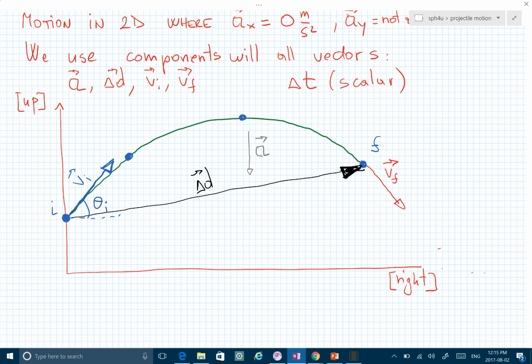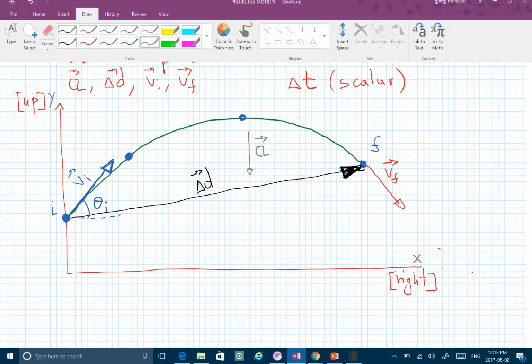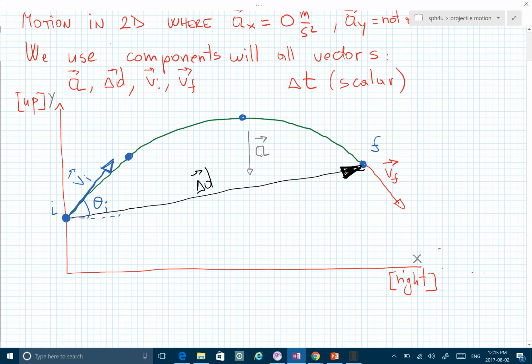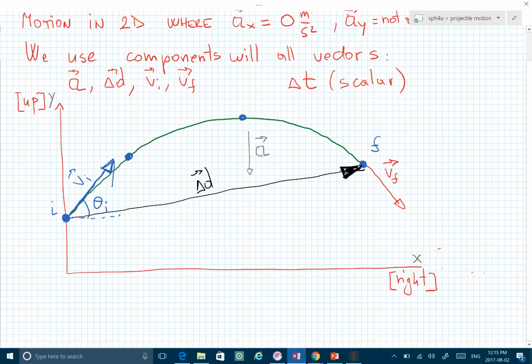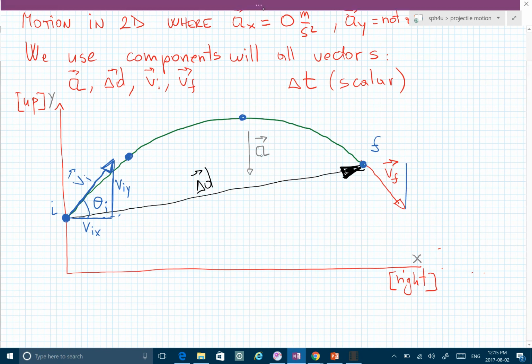So what we're going to do now is split all the vectors that are here into components, x and y component. Remember, this is y, this is x. All right, horizontal and vertical components. So let's start with velocity. Initial velocity is going to have the x and the y components, and I'm hoping we remember how to find them. Vf, let's use red here.